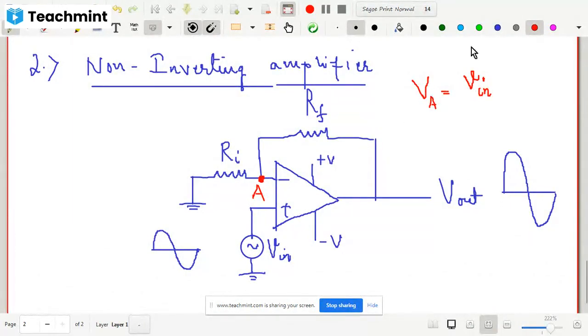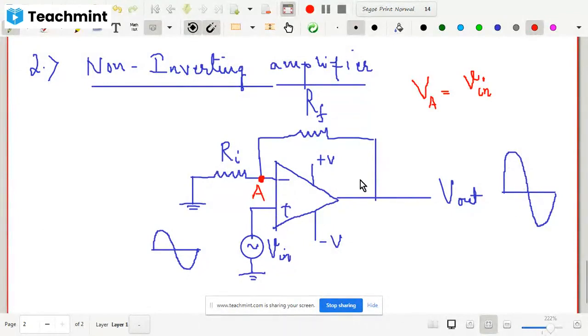And one more thing you remember here is that the op-amp input impedance, as I already told you in this section, is very high, so the current will not flow through this one. Now in this particular case, since this is a same phase, you will get the same output phase.